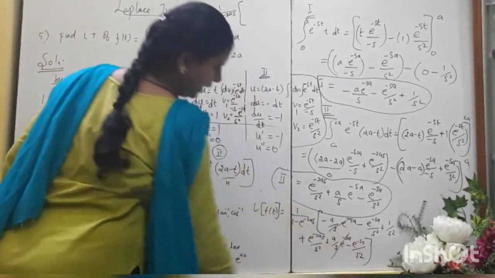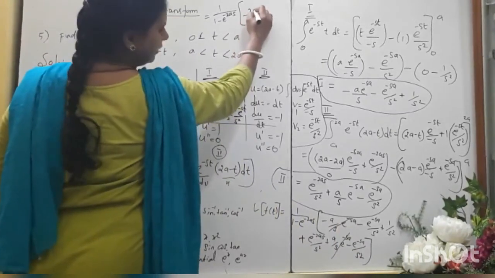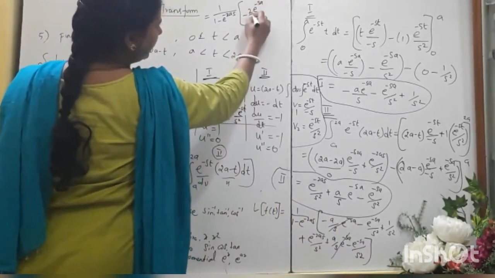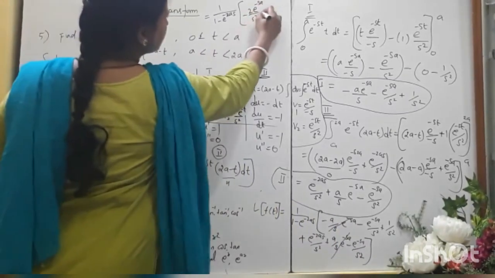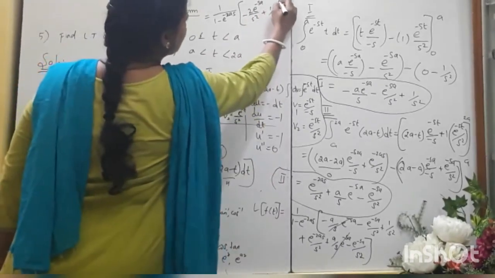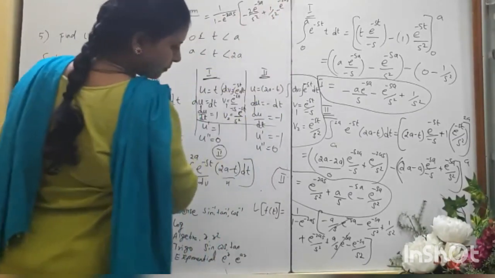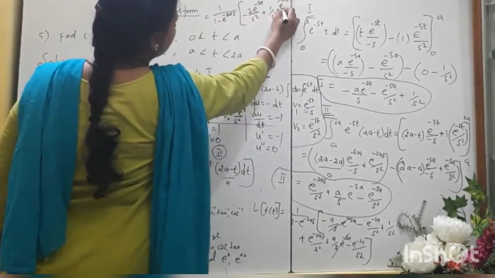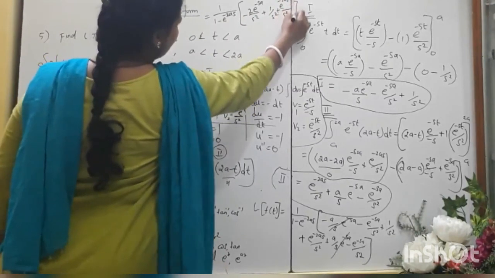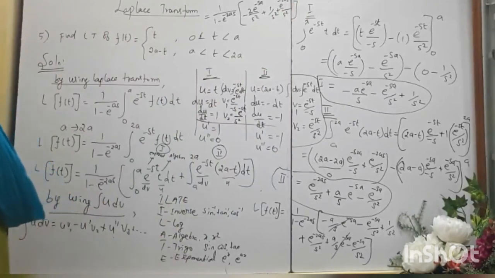So what is that solution? Minus 2 times e power minus sa by s square plus 1 by s square, and then plus e power minus 2as by s square. Okay, this is the solution for this problem.